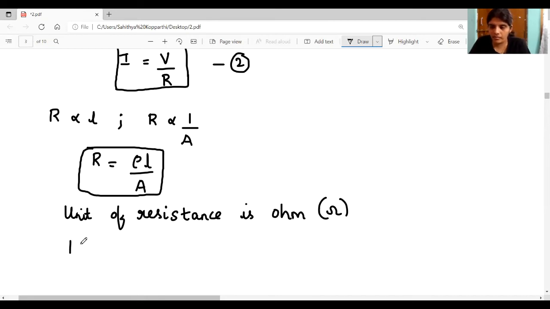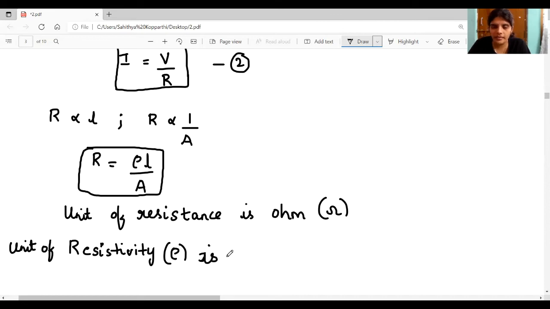Resistivity varies from material to material. Length of the conductor is taken in meters and area of cross section in meter square. So the unit of resistivity will be ohm meter.